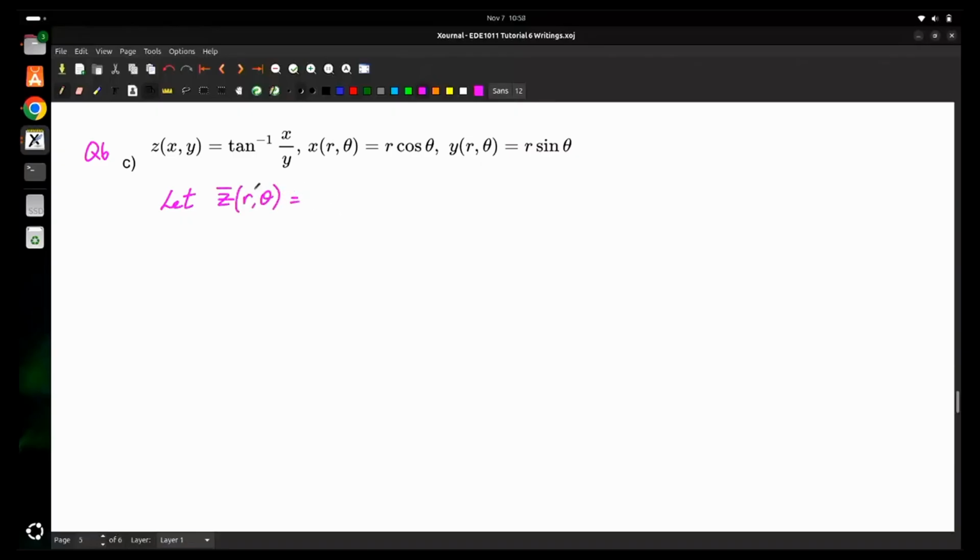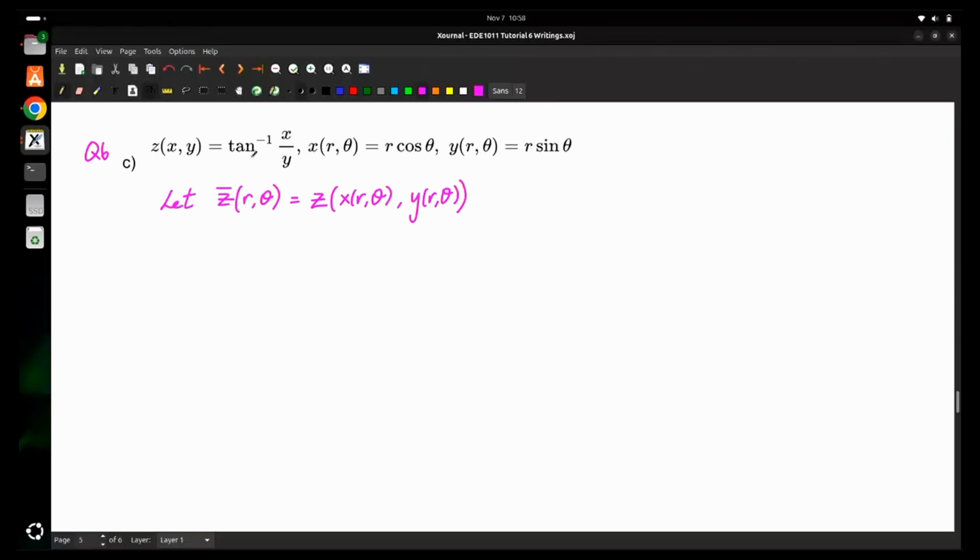Why do I write z bar? Because z bar is not the same as z. Because z is a function of x, y. So therefore, this will be x as a function of r theta, comma, y as a function of r theta. So I write z bar, which is the function of r theta, after you sub in the expression.